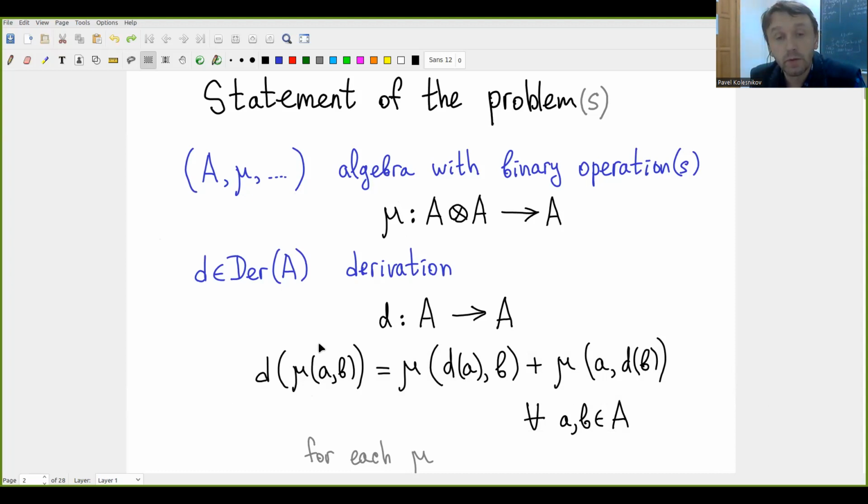If we apply the operator to the product, then we have to apply it first to one argument and then to the second argument, as in the beginning of calculus. The notion of a derivation is very well known. In order to be a derivation of an algebra with multiple operations, D has to satisfy such a rule, the Leibniz rule, for each multiplication operation.